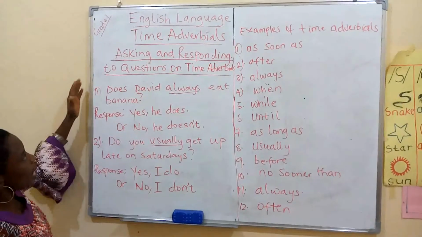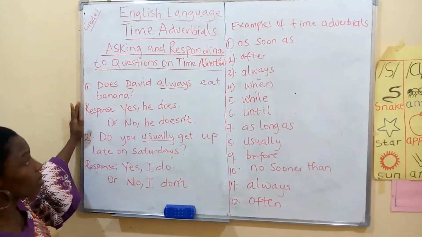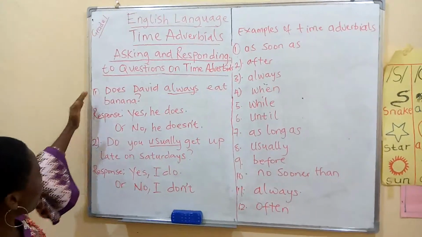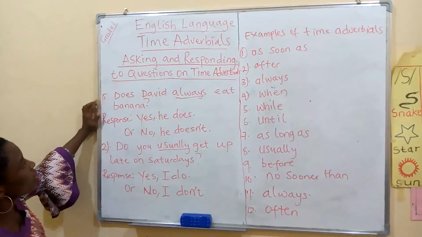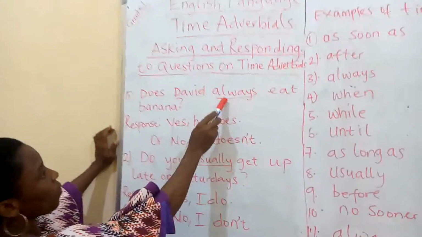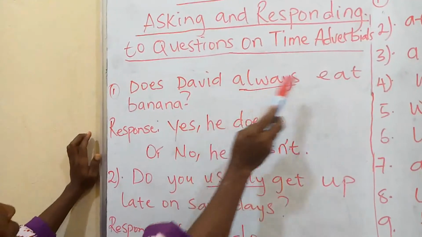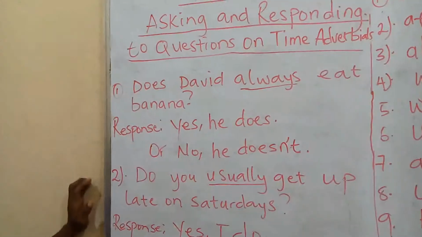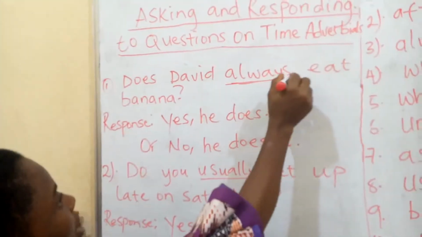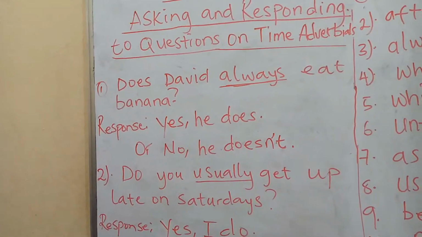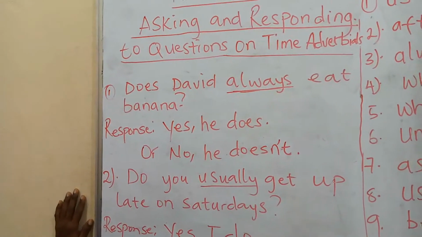Right now we have here questions and responses. Number 1: Does David always eat banana? Remember, we are looking at the time adverbial which has been underlined, and we will look at responses in the negative and positive way.